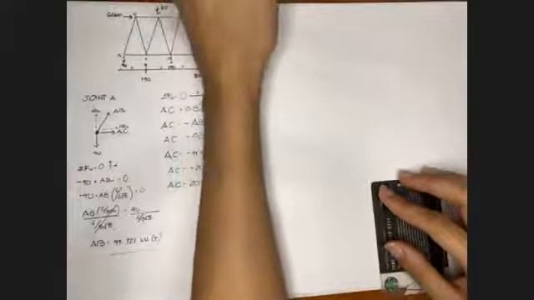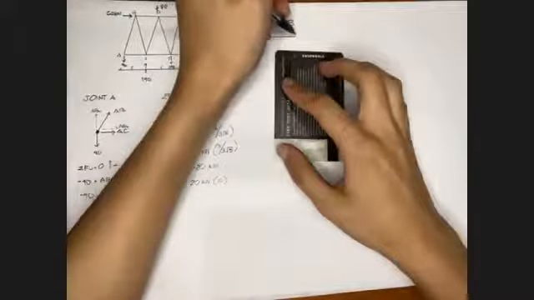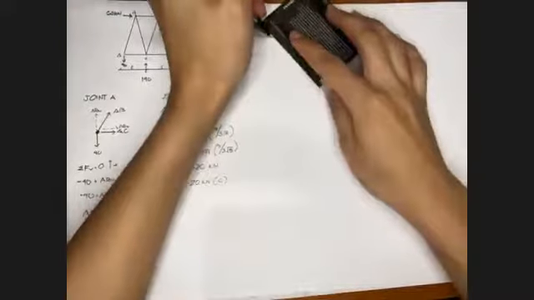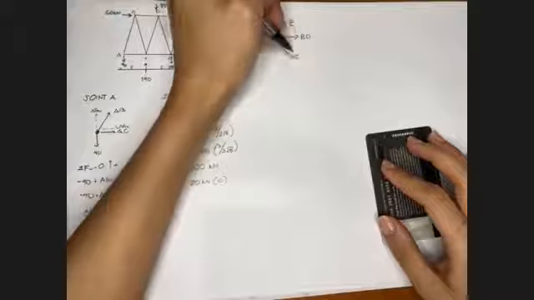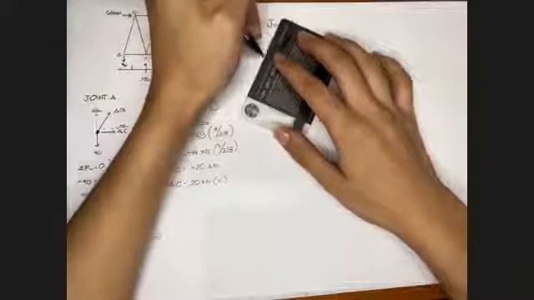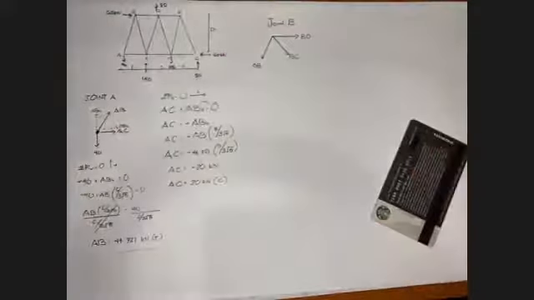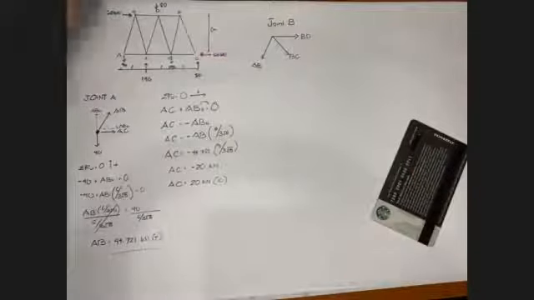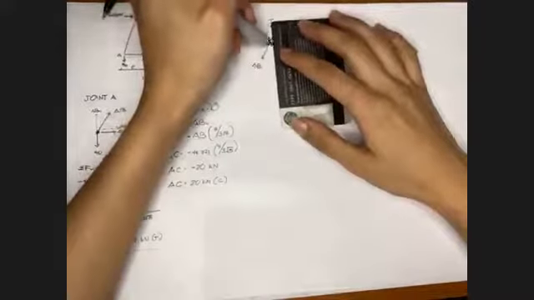So punta na tayo sa joint B. Okay. So meron tayong BD, BC, and we have AB. Okay? Sa AB, magkakaroon tayo ng AB vertical.